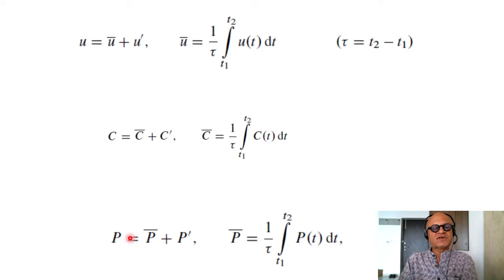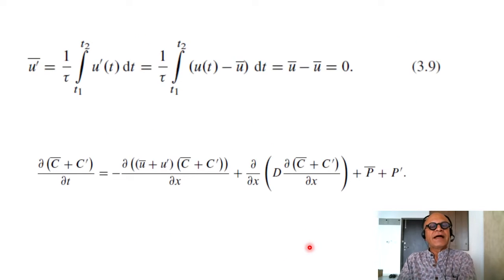Similarly, for our previous source equation, we can write p bar plus p prime, where p bar again is 1 over tau, integral from t1 to t2 of p(t) dt, and the average of u prime has to go to 0. That's the definition of the u bar and u prime.